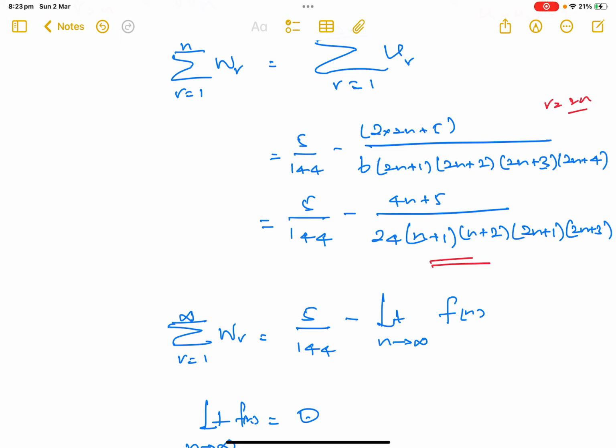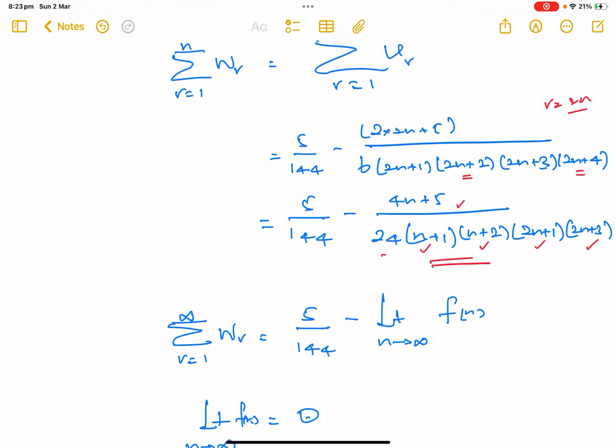And in the second part, 4n plus 5 over 24. I took 2 out of here, I took 2 out of here, so 2 times 2 is 4, 4 times 6 is 24. So this is 2n plus 1, that is here. And the next one is 2n plus 2, but I took 2 out, so n plus 1, that is here. And 2n plus 3, that is here. And 2n plus 4, I took 2 out, so n plus 2, that is here. So all here, it's what we have.